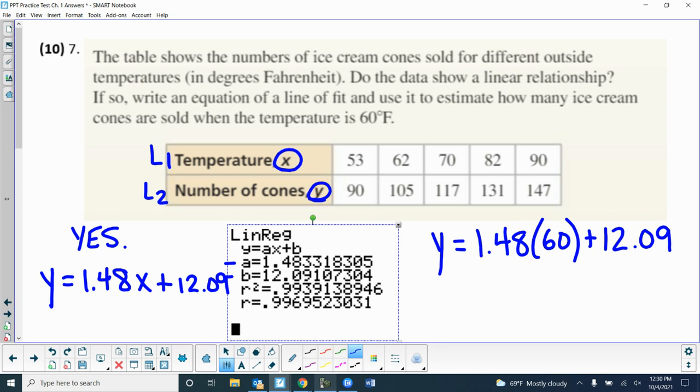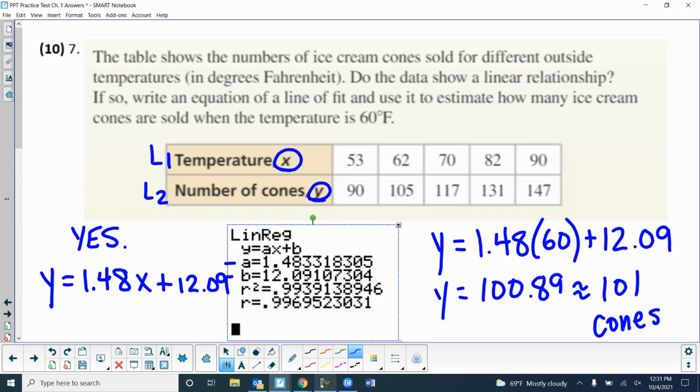When we do that, I think you get 100.989, if I remember right. We're talking about ice cream cones, so we might as well say 101. You're not going to make 0.989 of one, you're going to make a full one.